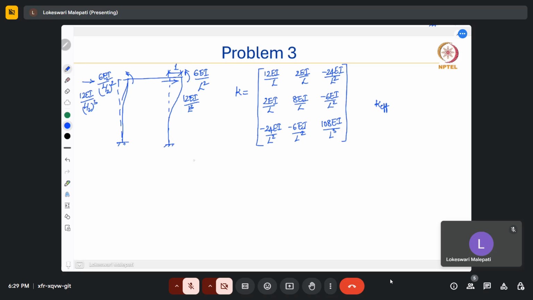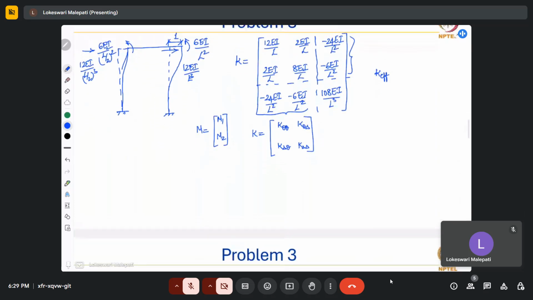So we can write M as a column vector consisting of both the moments, and K can be written as K theta theta, K theta delta, K delta theta and K delta delta. So this part consisting of the first four elements is the K theta theta matrix, this part is K delta theta, this part is K theta delta, and this element is K delta delta.